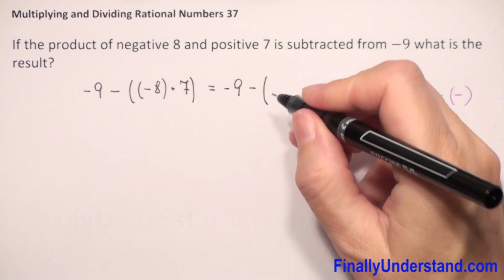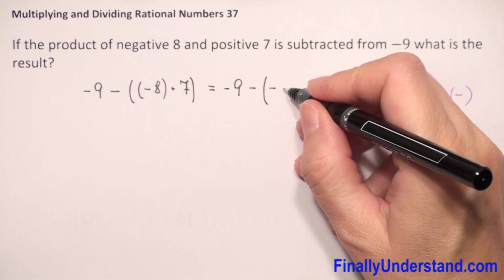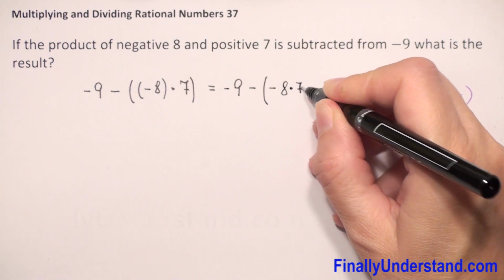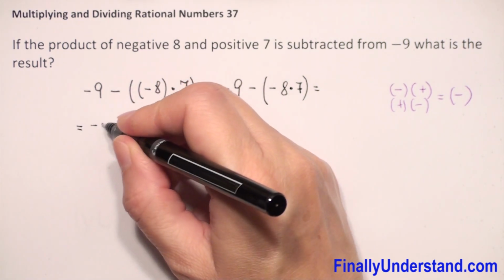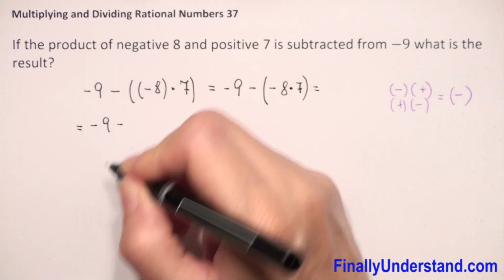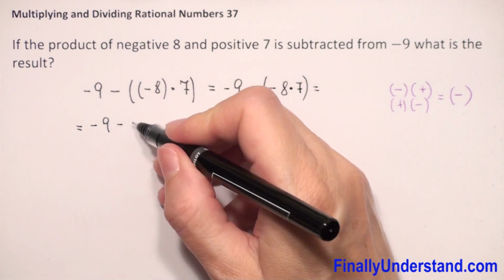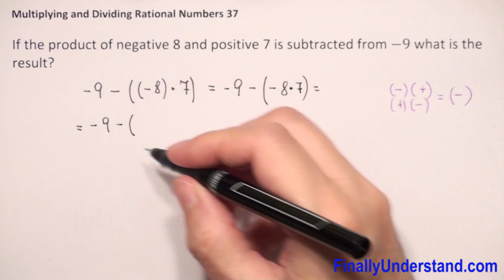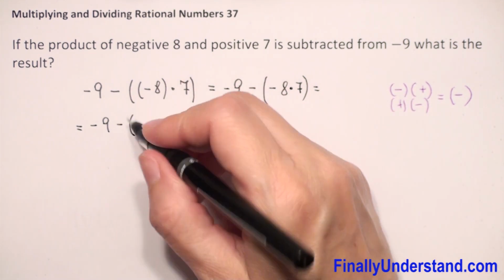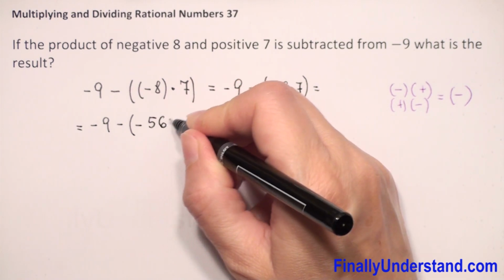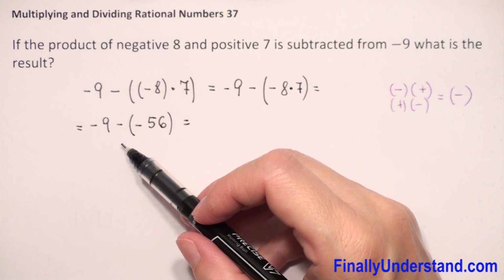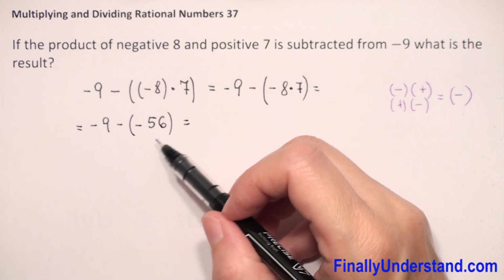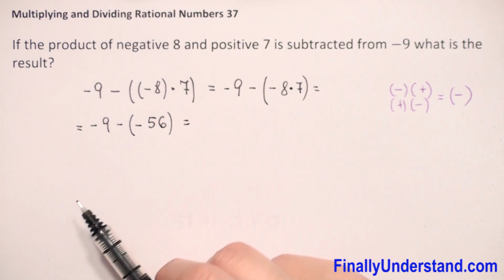So we have a negative sign and we multiply 8 times 7. So this is equal to negative 9 minus, and in parentheses negative 8 times 7, which is 56, close parentheses. Now we have to subtract negative 56 from negative 9.